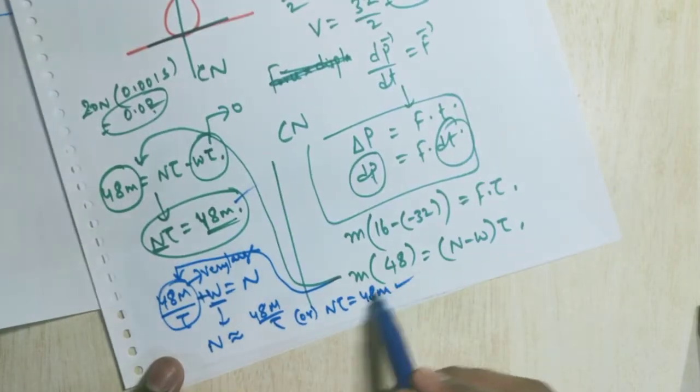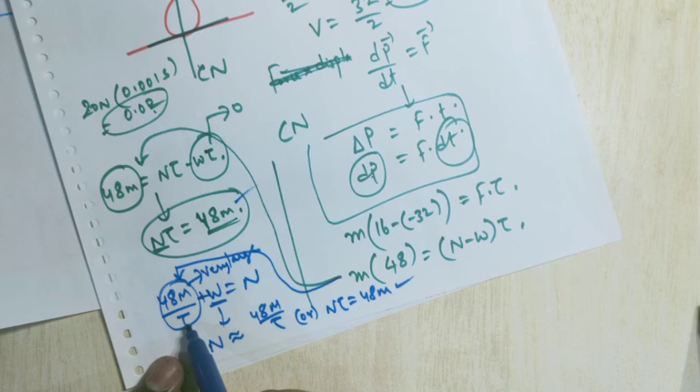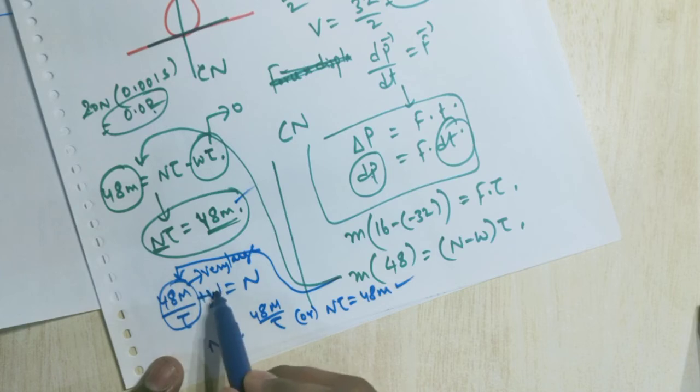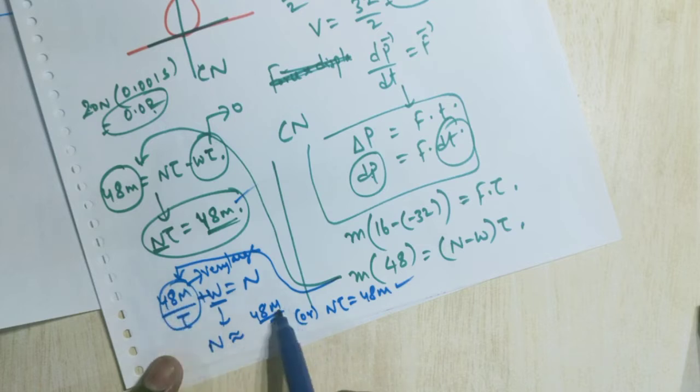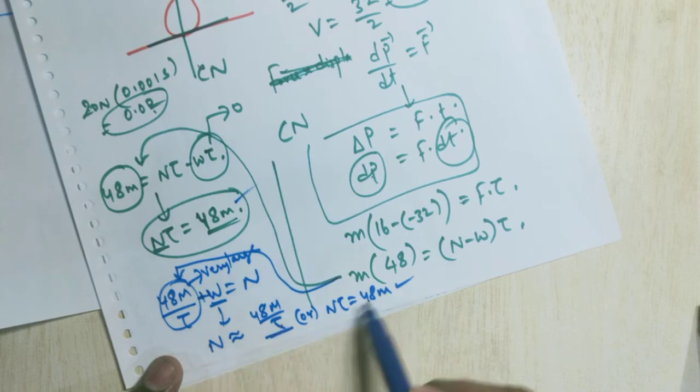How? From this simple mathematics you can prove tau is very small, so 48 m by tau is very large. To a very large quantity, if you add a small quantity, the total quantity will not change. So this is approximately equal to 48 m by tau only. So normal reaction is this much. So from there you multiply this tau here, and N tau is equal to 48 m.